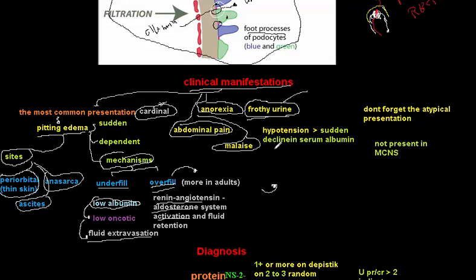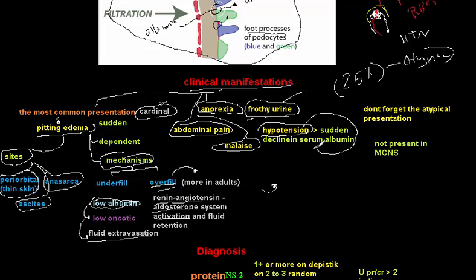Anorexia, abdominal pain, malaise, hypotension, okay. I told you that in about 25% of cases of atypical nephrotic syndrome may have hypertension, but also we may have hypotension if we have a sudden decline in serum albumin.